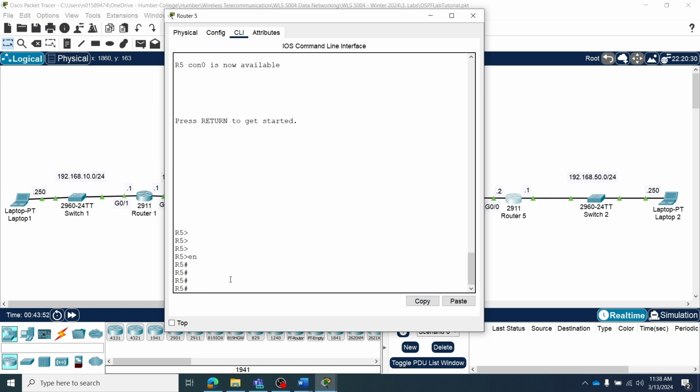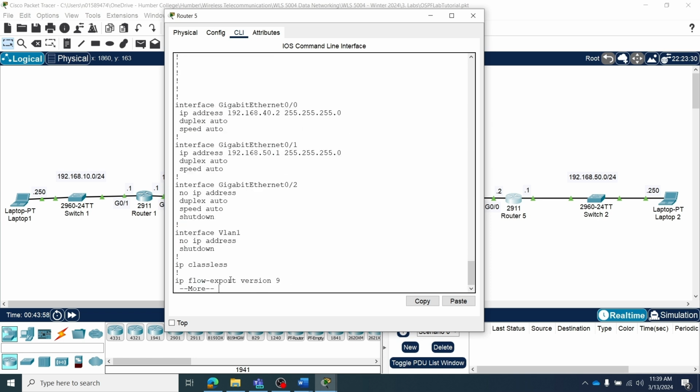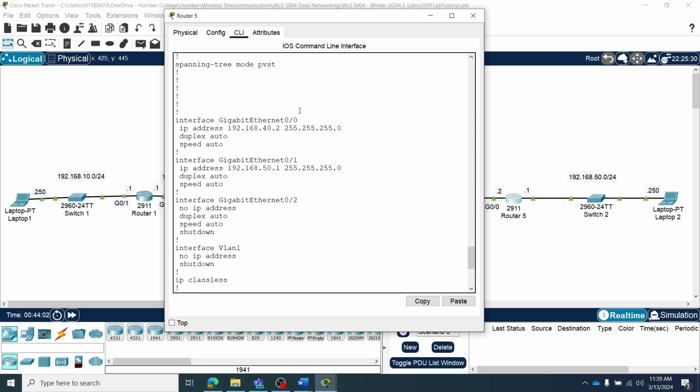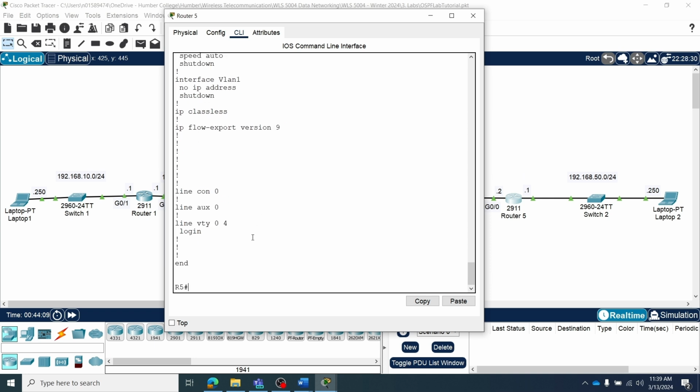Enable. Then let's see what we have configured. Show run. So we didn't configure any OSPF here. We just configured the two interfaces with 40.2 and 50.1 IP addresses.